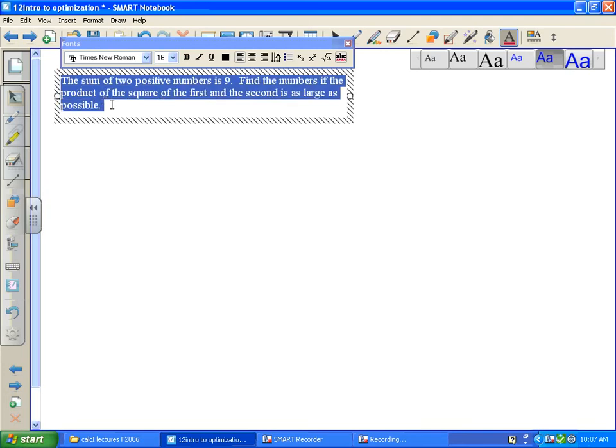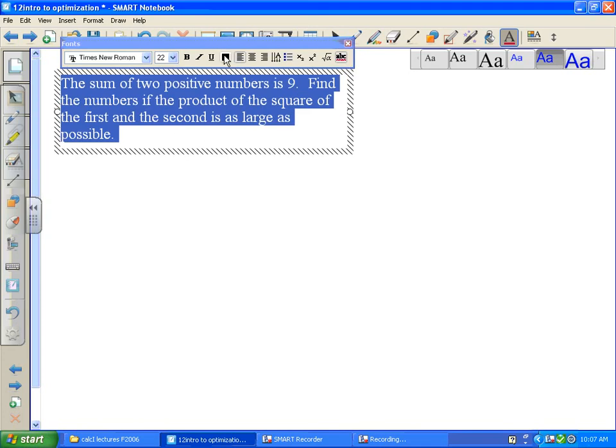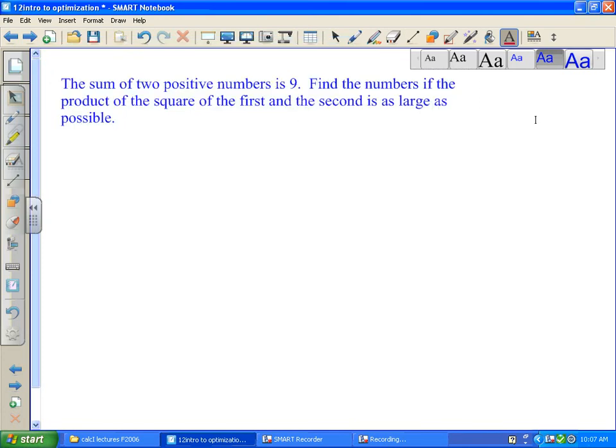So the sum of two numbers is 9. Find the numbers if the product of the square of the first and the second is as large as possible.